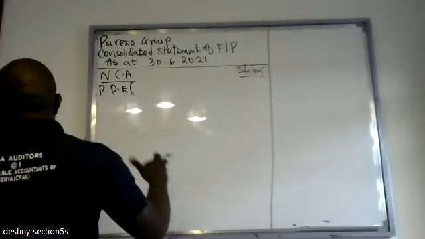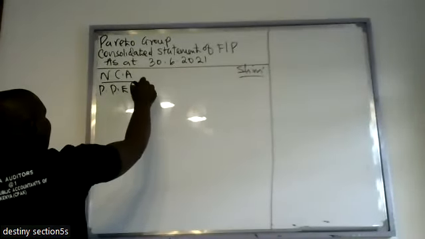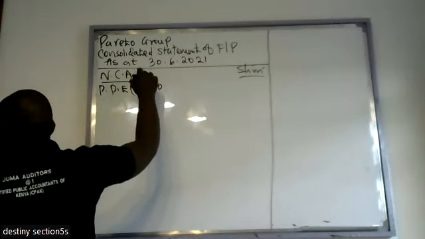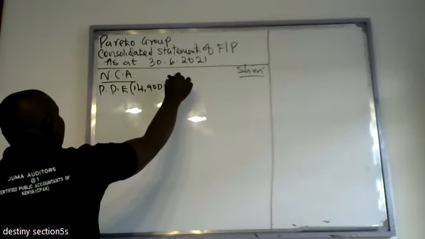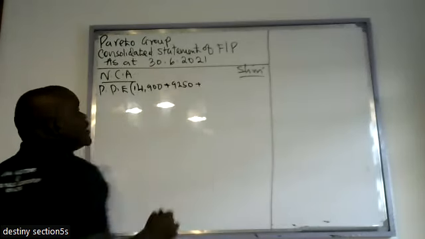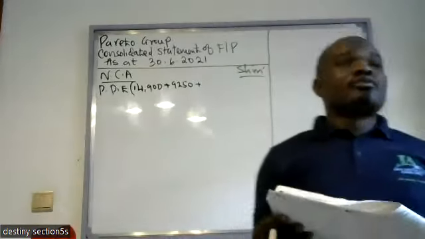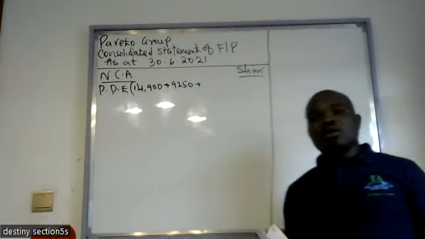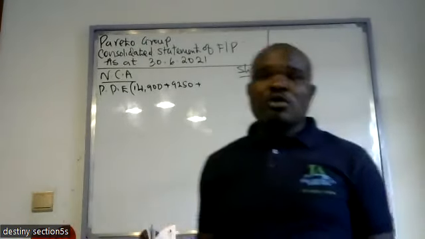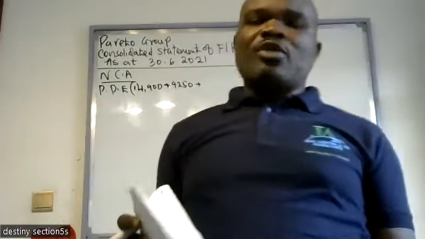Dafu we are done with. So this is 14,900 plus 9,250 plus. There is something I want to add, but not Dafu. What do you think this could be? What could this be? Someone?